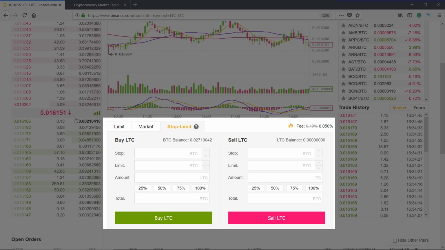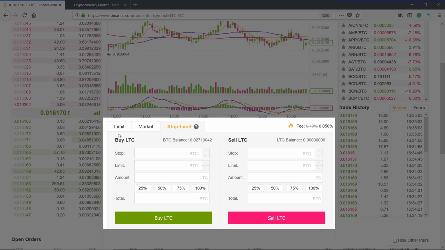In an example here, say you don't like the current price of Litecoin. You could say, I actually want to buy Litecoin if the price goes to 0.015. You only want to pay $128 for the Litecoin, not the current price of $136.